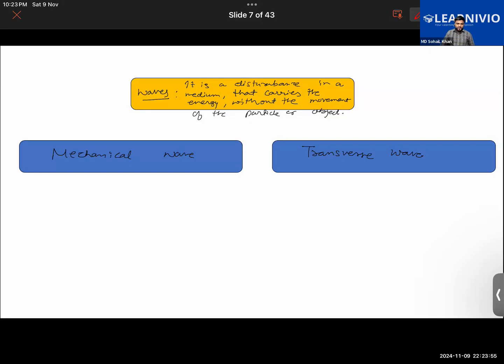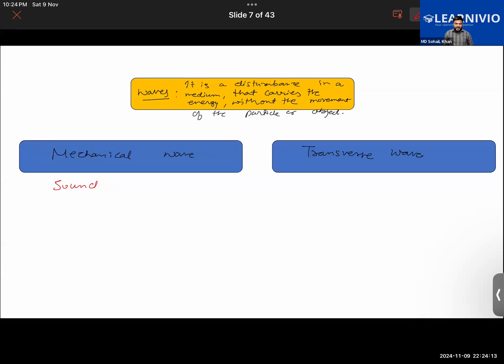In the case of the transverse wave, a medium is not required. So, for example, sound is an example of a mechanical wave that requires a medium, right? Sound requires a medium to travel. Getting it? That is one thing.